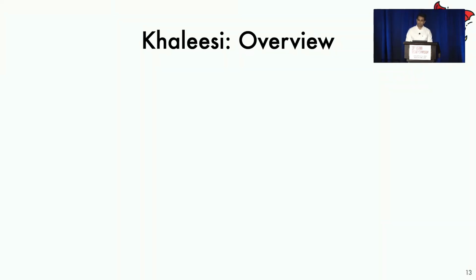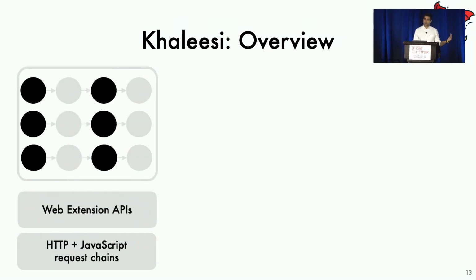We used that sequential context to develop a machine learning-based approach called Khaleesi, which can detect advertising and tracking request chains. Khaleesi first uses the web extension APIs to capture HTTP requests and responses at the network and the JavaScript layer, and arranges those requests and responses in the form of chains.